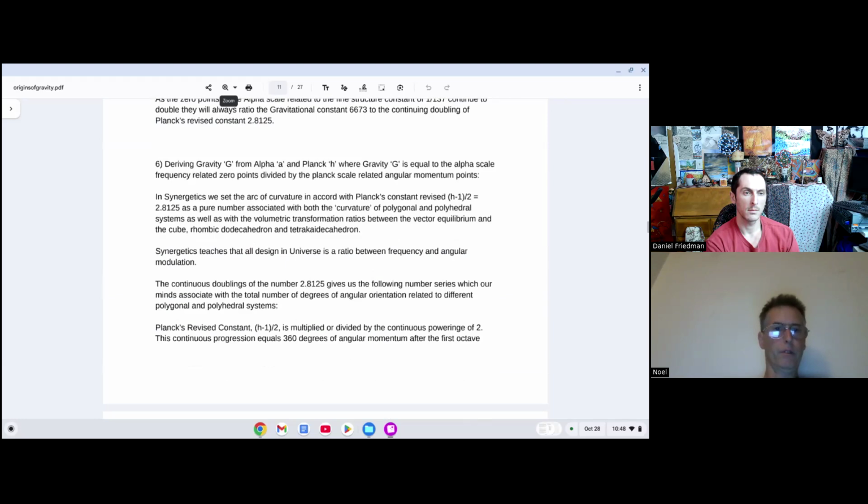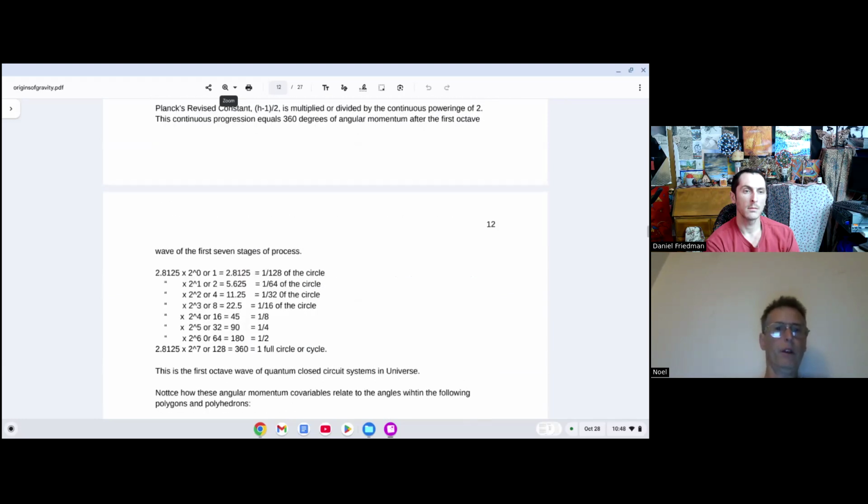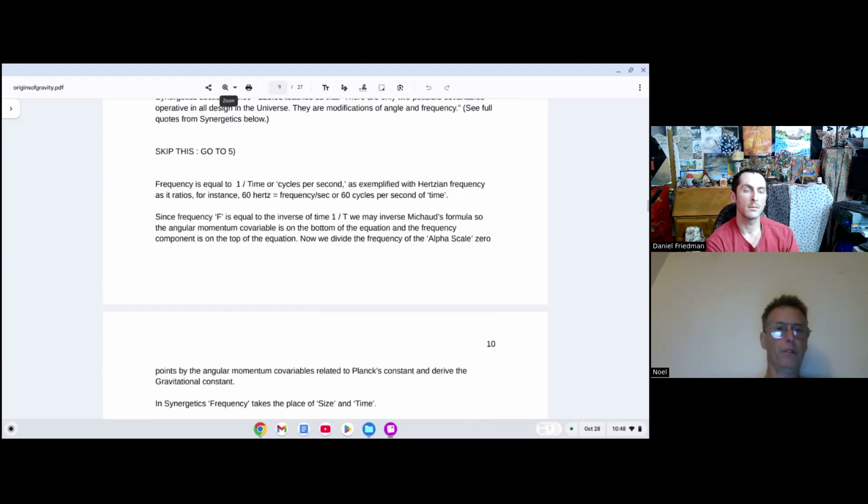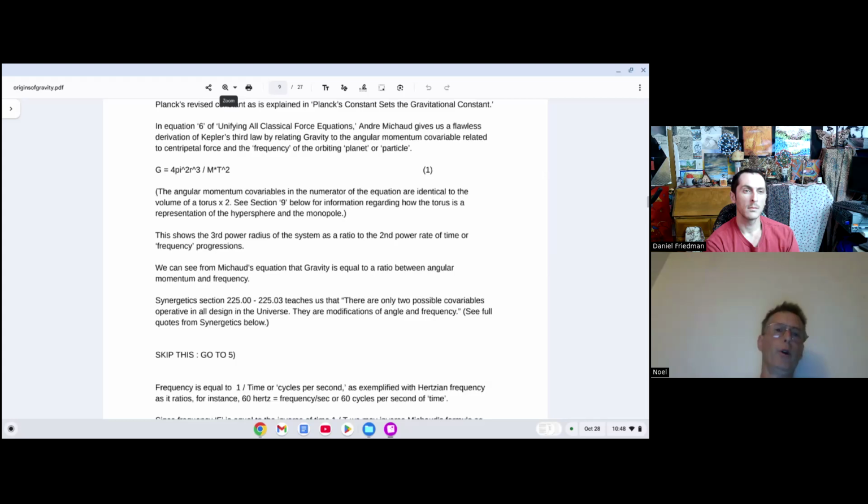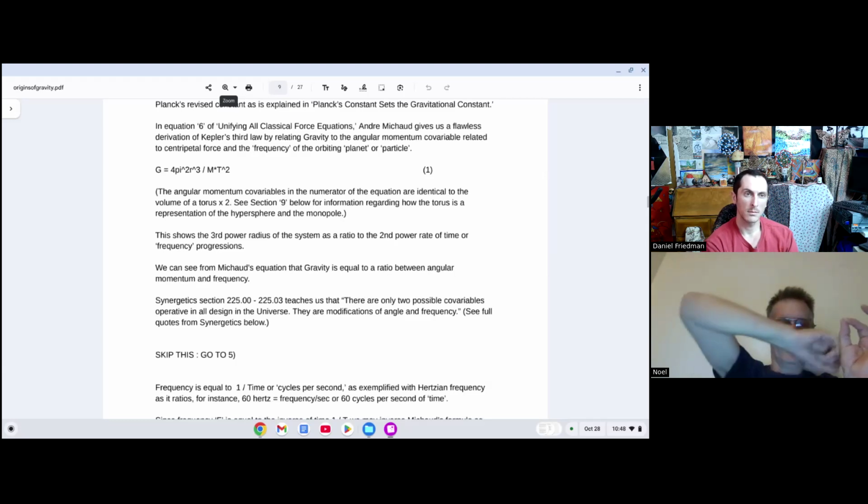Sorry if I'm moving. Let me go back up to the equation. So 2 pi r we know is related to the amount of distance about the circumference of a circle. So that relates to 360 degrees of angular momentum.